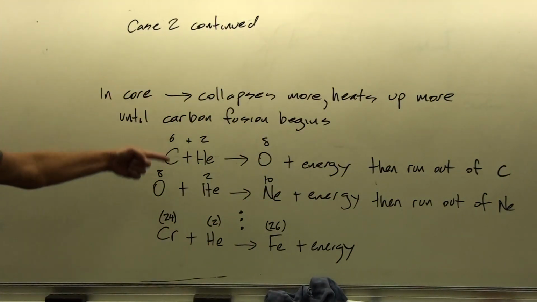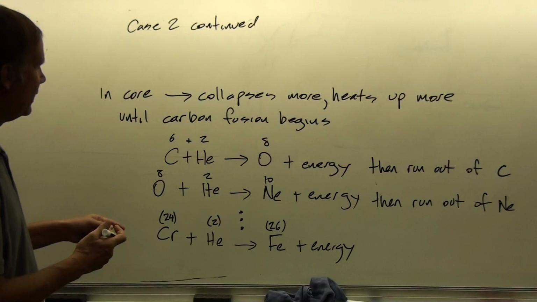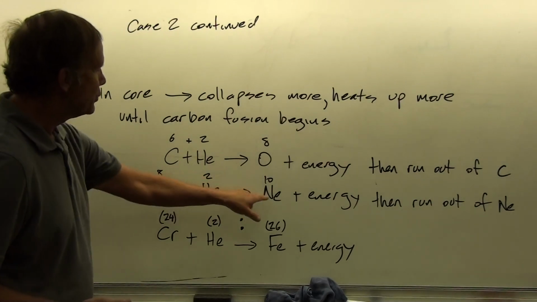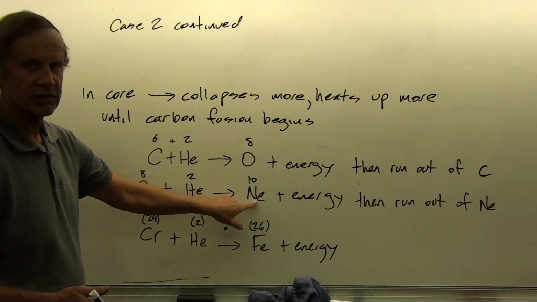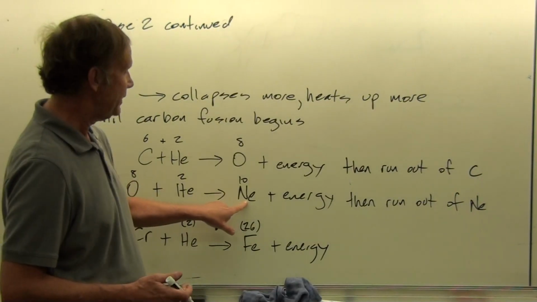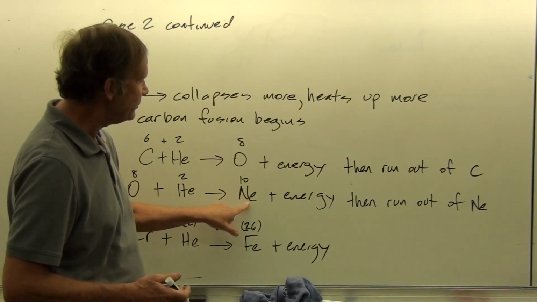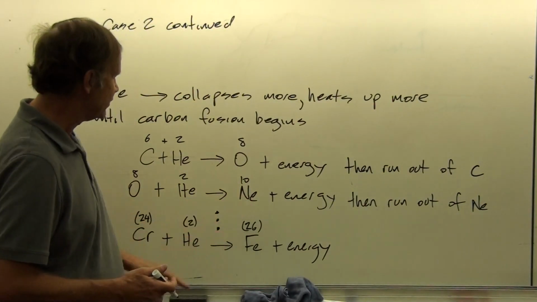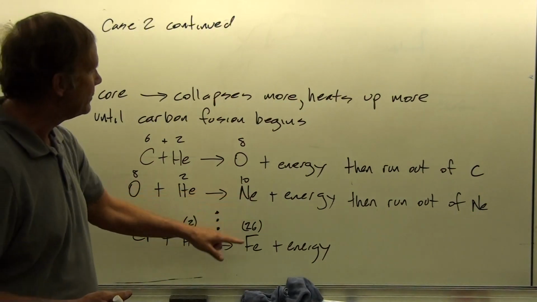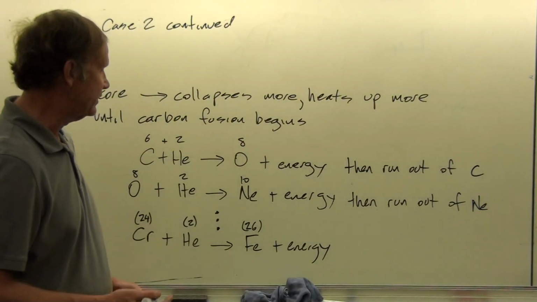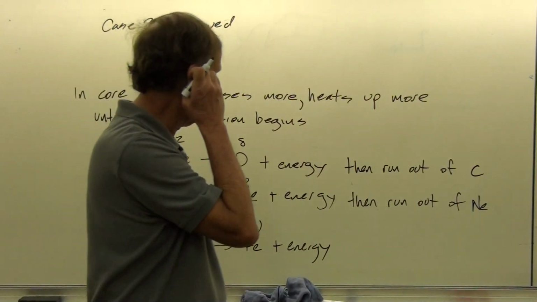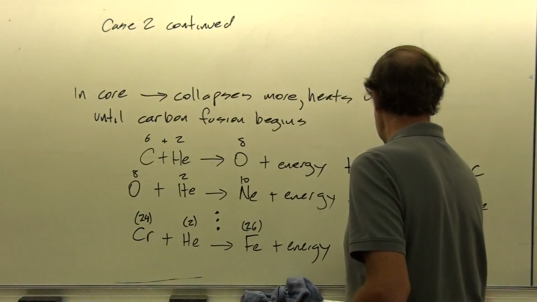Okay? And so this process continues where the byproduct of the previous reaction, the waste product, becomes the fuel that powers the star in the next stage, until finally we get to iron. And so the iron core forms.